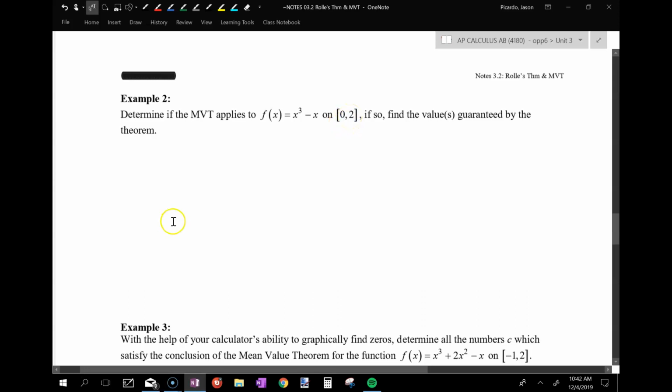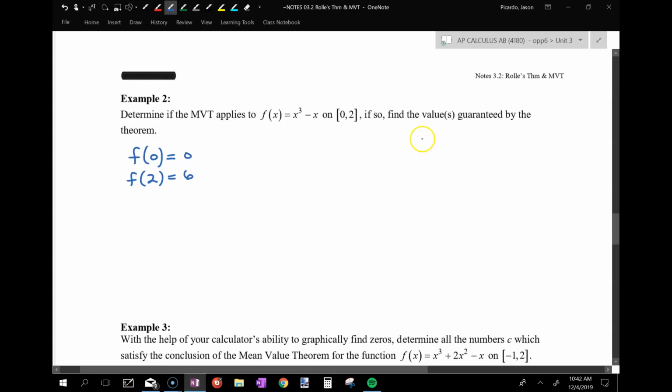I want to know what is the slope between 0 and 2 on this curve, right? Now, do I know exactly what this curve looks like? Well, of course not, but we can get some values. 2 cubed minus 2 is 6, right?